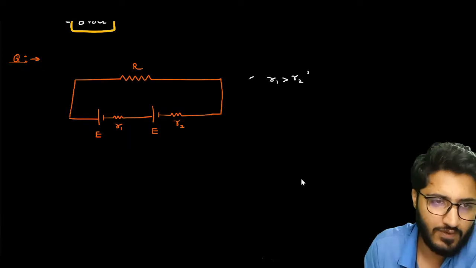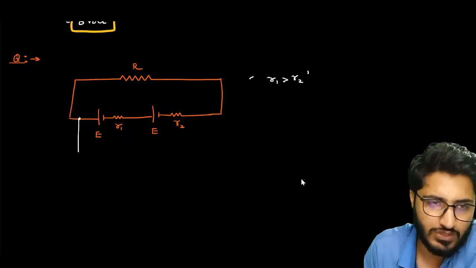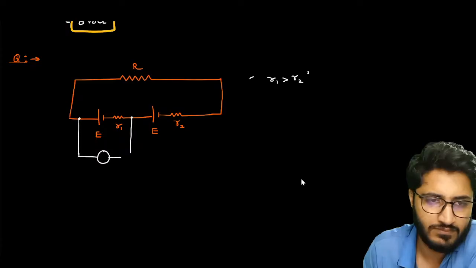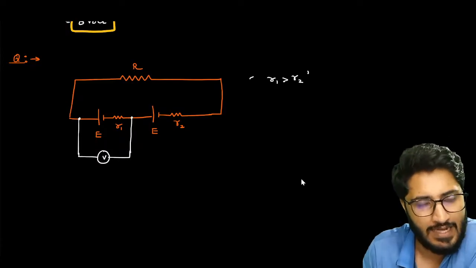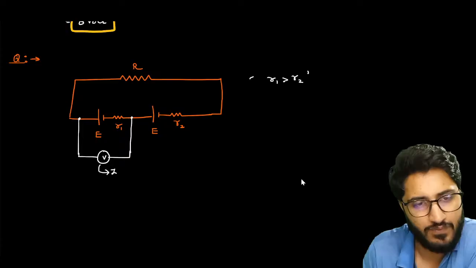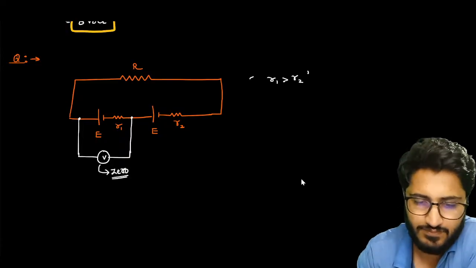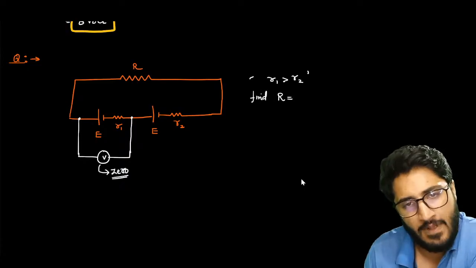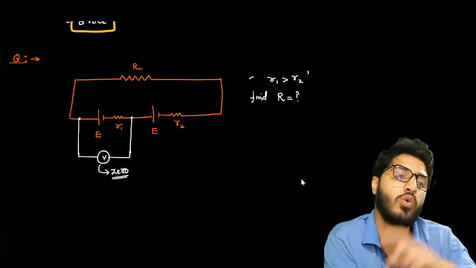And if potential across this one is V, and the value of this one is 0, then find R. I will read the whole numerical.